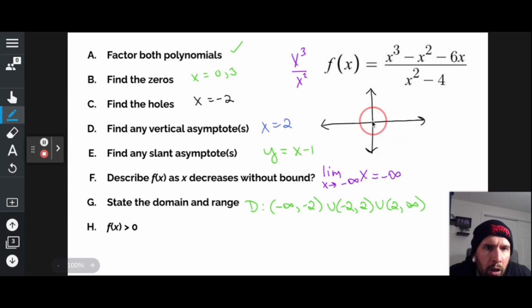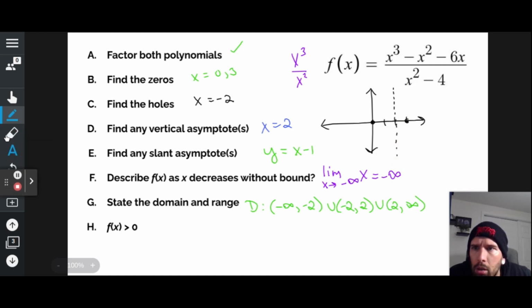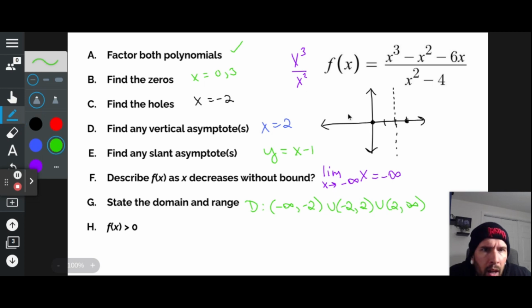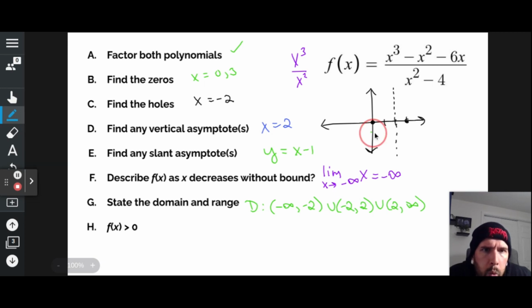All right, so where does the magic happen? There's a 0 at 0 and 1, 2, 3. There's a hole at -2. There's a vertical asymptote at 2. There's a slant asymptote at -1, so something that looks like this because it's a positive.